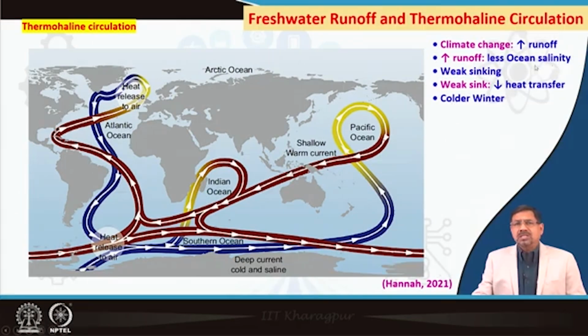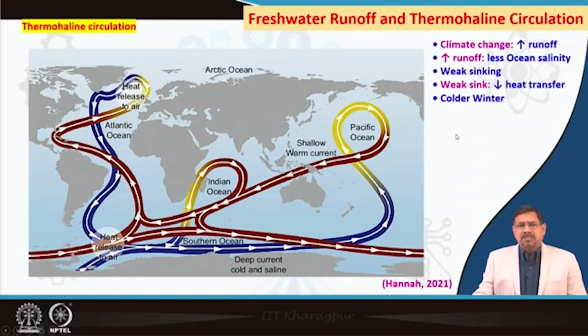So, climate change leads to runoff and less ocean salinity. So, weak sinking leads to heat transfer, and in turn we receive a kind of cold temperature, followed by colder or mild winter.